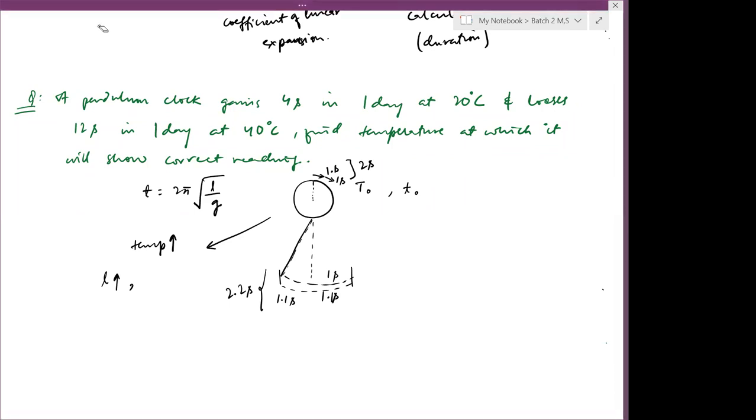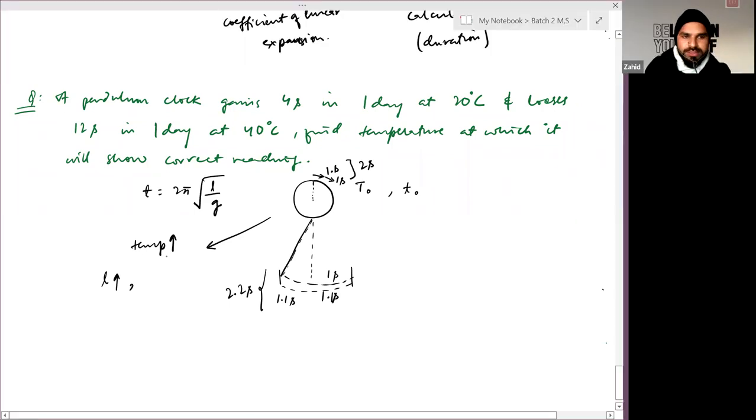Okay. So we can say on increasing temperature, length of pendulum increases, so time period of pendulum increases, so reading of clock decreases, or there will be loss in time. So in this part, delta T will define loss in time.